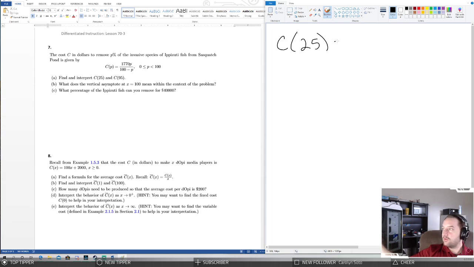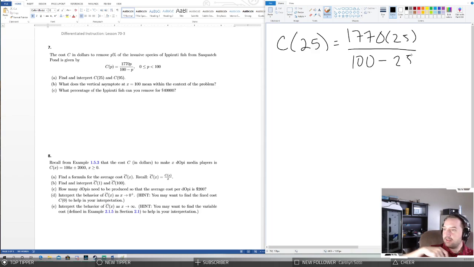And all you have to do is just plug in 25. And then C of 95, that's going to be the cost to remove 95% of the fish. And you just plug in 95.